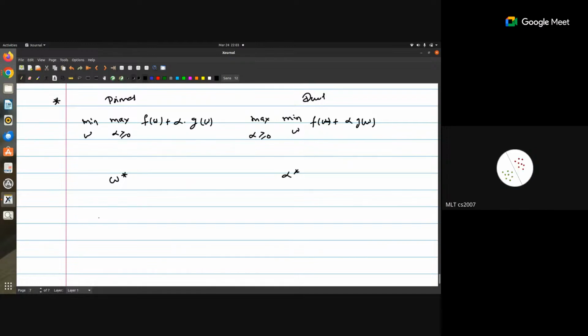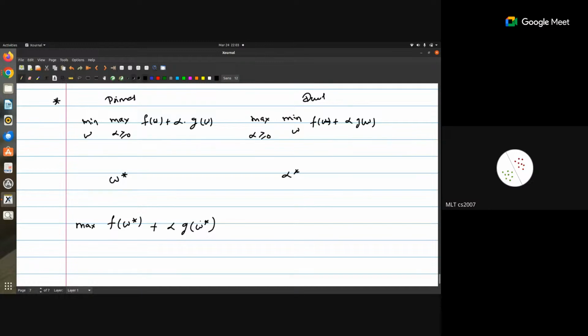So what is the maximum value of the function? f of w star plus alpha star into g of w, no, not alpha star now. Let's say we are finding the primal. What is our aim?